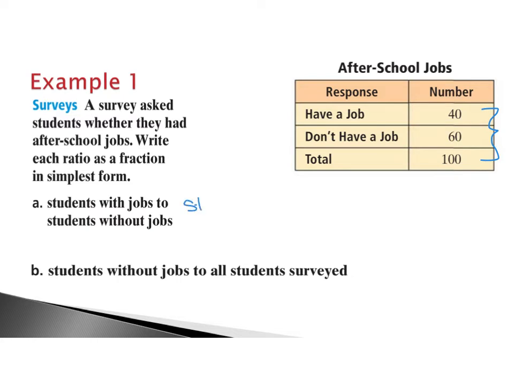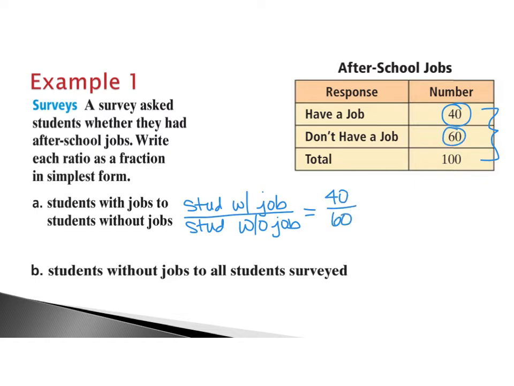So we're looking at students with a job versus students without a job. Sometimes it might be easier to actually write it out. So the number of students with a job is 40, and the students who do not have a job is 60.